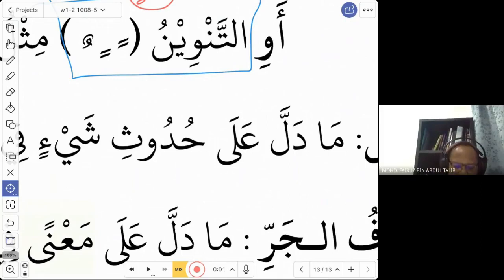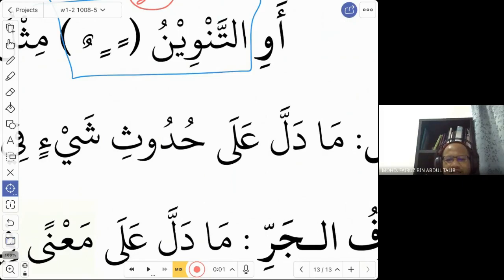Ma dalla ala hudusi shay'in. What refers to something, shay is an action, hudus is a happening. So it means what tells about a thing that is happening. There is something that is taking place, there is an action.